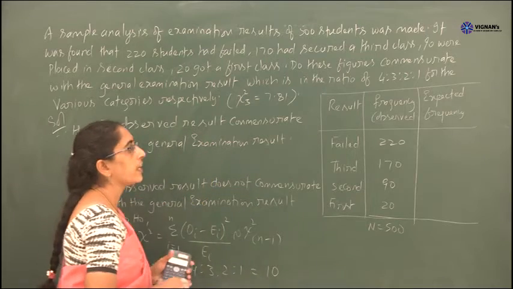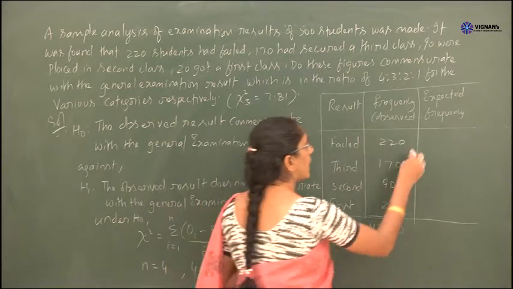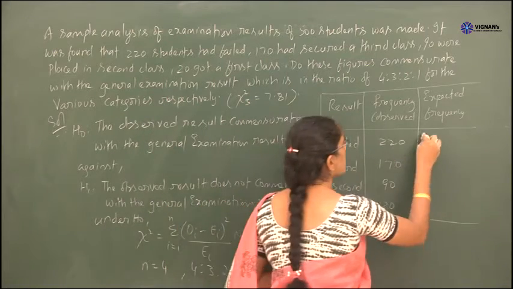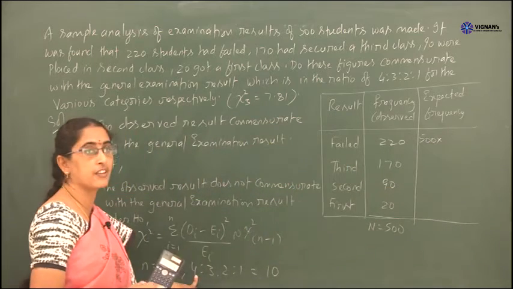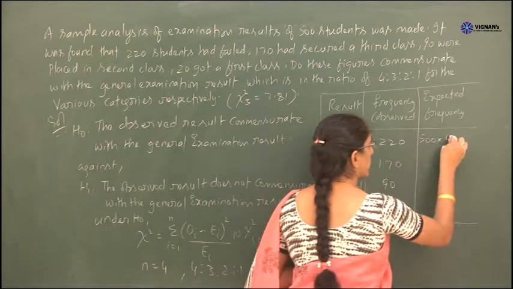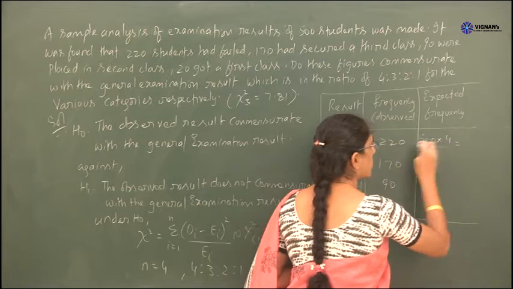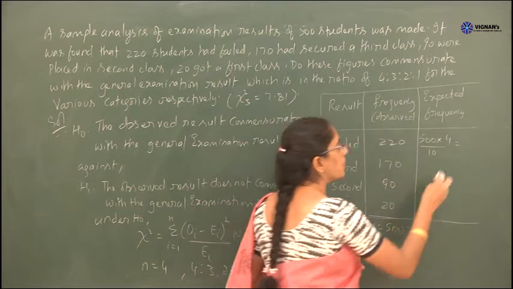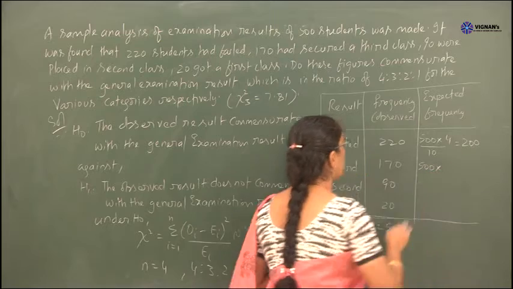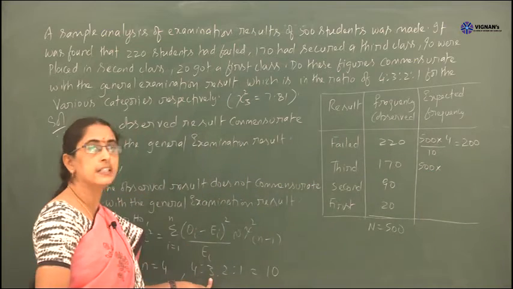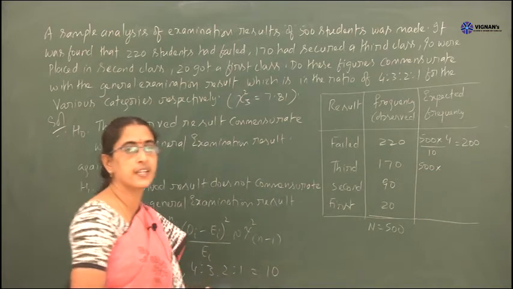Total ratio, right? Now here we have to find the expected frequency as 500 into the ratio of failed, which is here 4 by 10. So how much is this equal to here? 200. Similarly 500 into the ratio of third class, which is 3 by the total ratio 10.